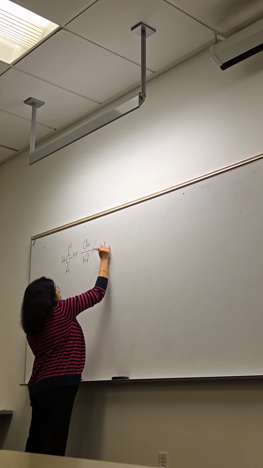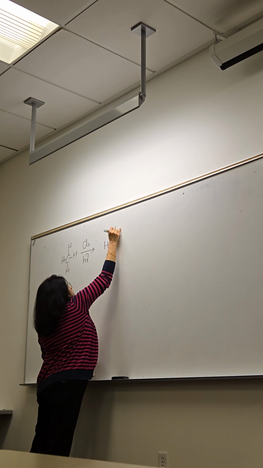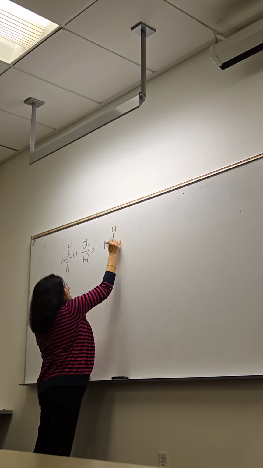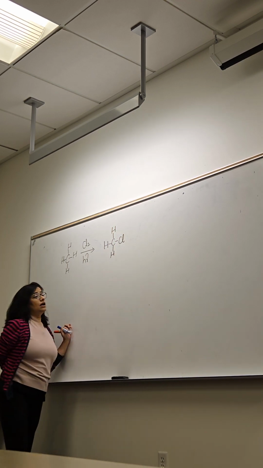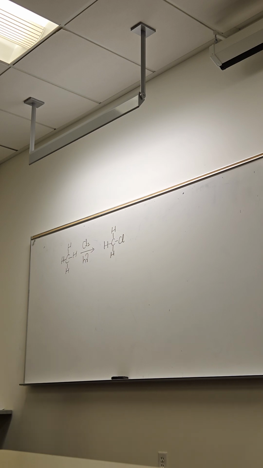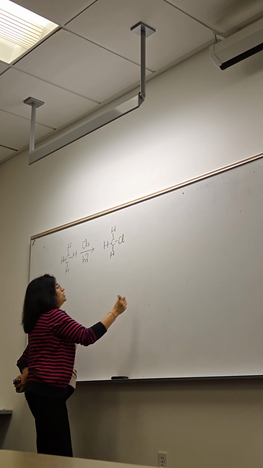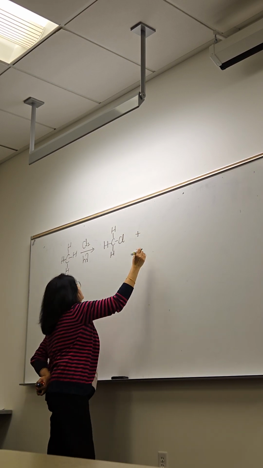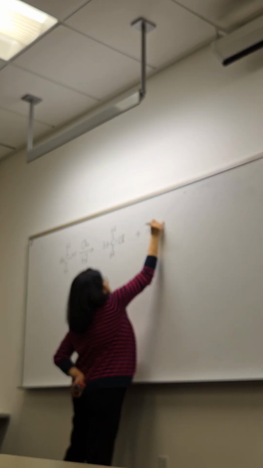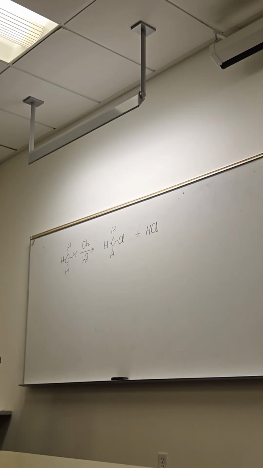CH3Cl. Everybody agrees? It's the hydrogen on an sp3 hybridized carbon that is replaced by the halogen. The hydrogen is being substituted. What's the byproduct, anybody? HCl, exactly. Plus HCl. That's the byproduct. Some people call it a byproduct, some call it a side product, whatever you want to call it. It's also created.